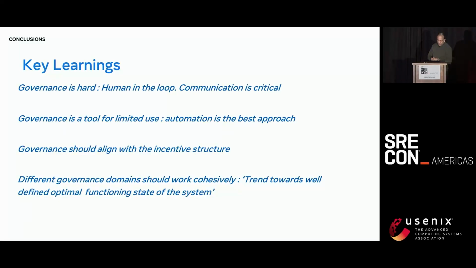And finally, the different governance domains we have should work cohesively. Now, stepping back into the bigger governance picture, you can see your business like a big story where you are developing models that are going into inference pipelines, which is making money. You have some governance over how your model moves from stage to stage.